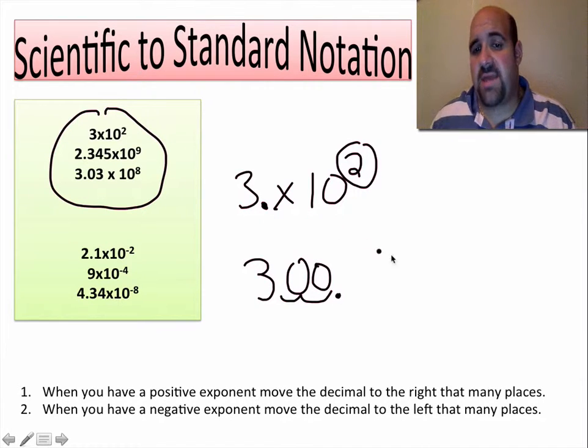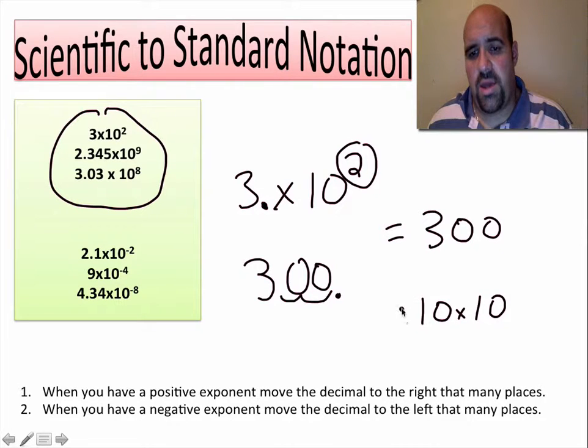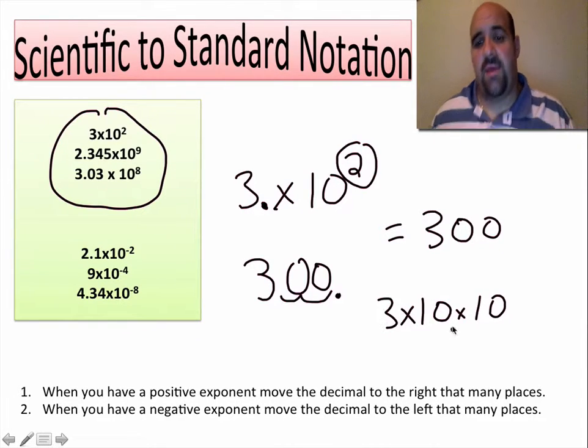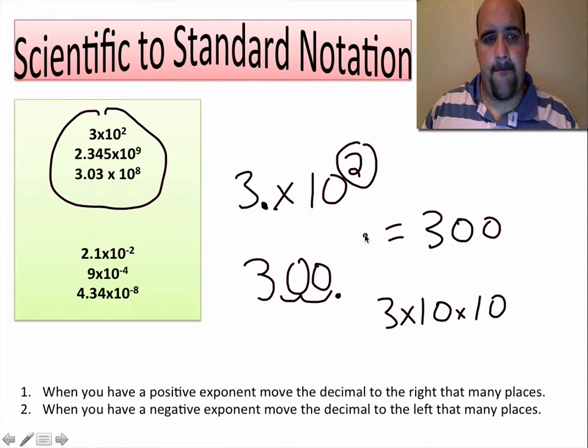So 3 times 10 squared is actually equal to 300. That makes sense because 10 squared is 10 times 10, which is 100, and if you multiplied that by 3, it would be 300. That's what scientific notation is.